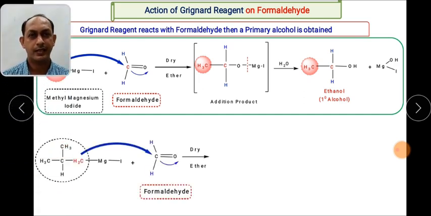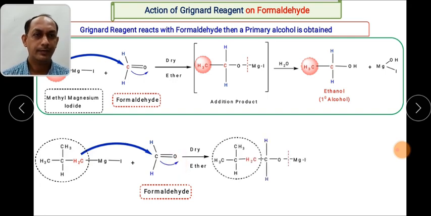Let us take another example. So we have taken this particular Grignard reagent. This is isobutyl magnesium iodide. It attacks the formaldehyde. So what addition product will form? This particular red color carbon will form a bond with the carbonyl carbon and the intermediate will be this one.